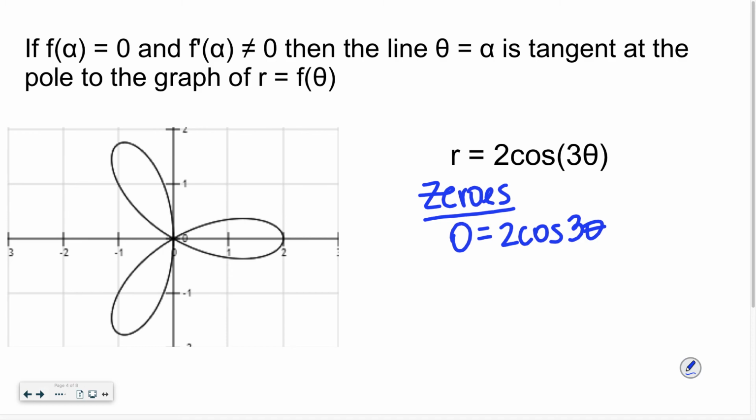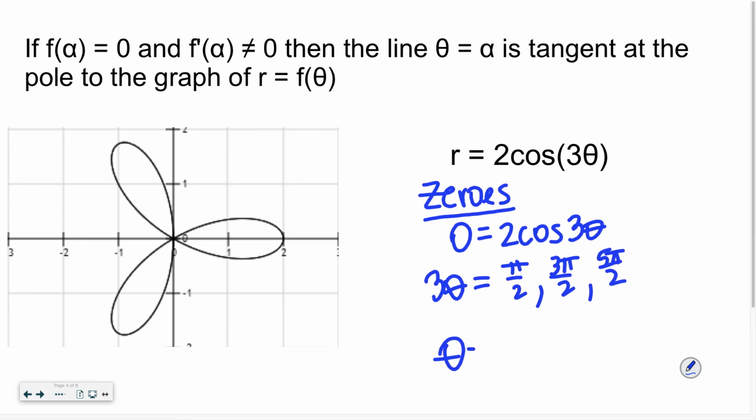If I'm looking for the zeros of this rose curve, how many of them are there? There are 3 of them. It's a cosine, not a sine. Because we start here, I'm going to go through the pole 1, 2, 3 times. 3 theta equals where the cosine is equal to 0: pi over 2, 3 pi over 2, 5 pi over 2.